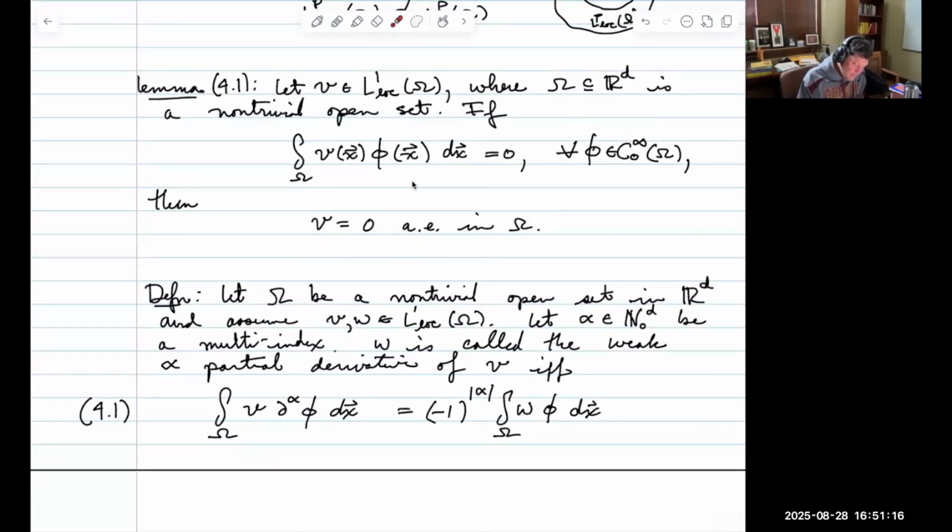Now, this is sometimes called a variation or a calculus of variations lemma. I'll find this quite useful from time to time.